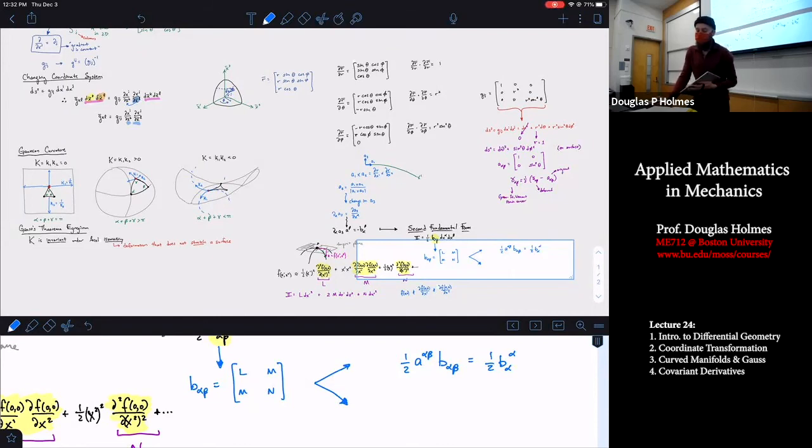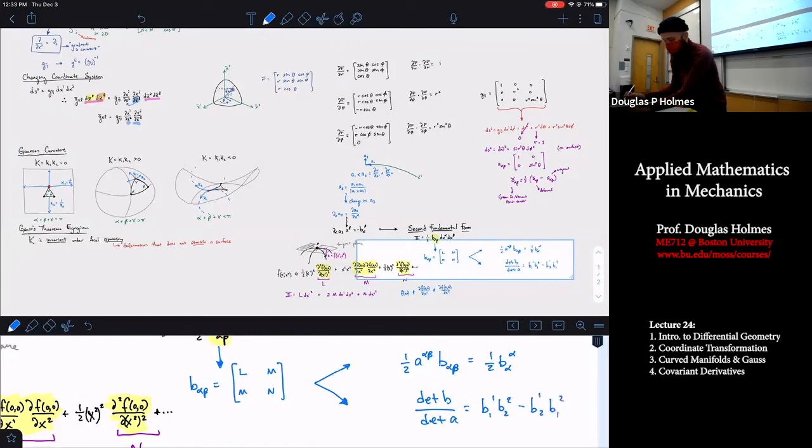The second eigenvalue of your 2x2 matrix is the determinant of the matrix divided by the determinant of the metric tensor. Det B over det A, which doesn't really have a lovely way of writing it. It looks like this: B11, B22 minus B12, B12.